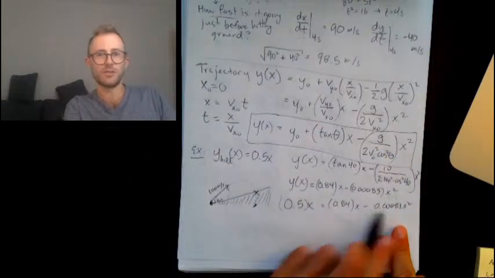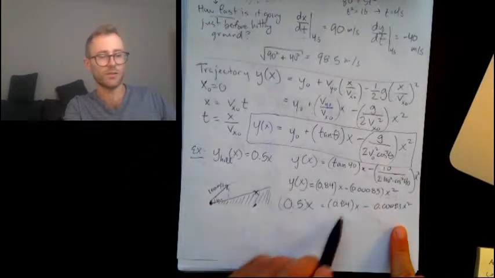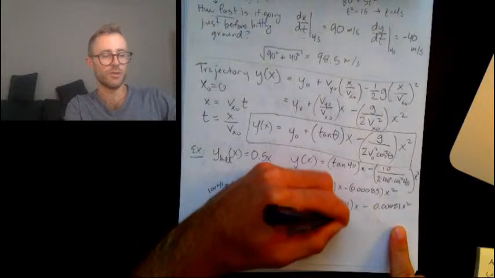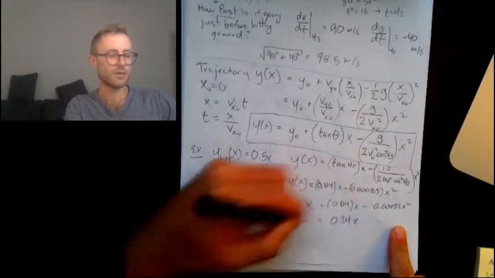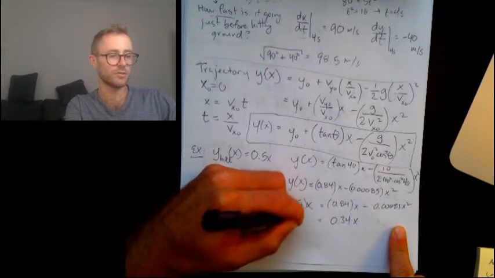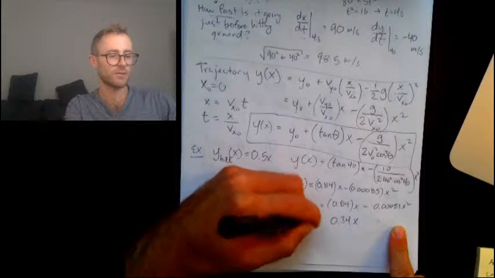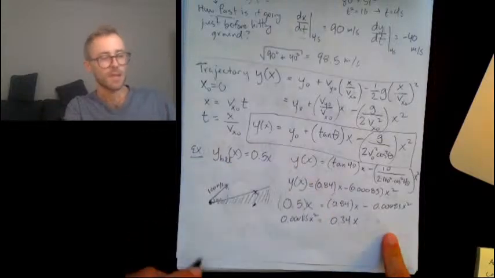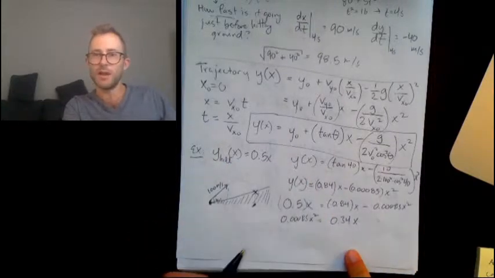I'm going to add this over to the other side, and I'm going to subtract that over. So we have 0.34x equals 0.00085x squared. Then I'm going to divide both sides by that.